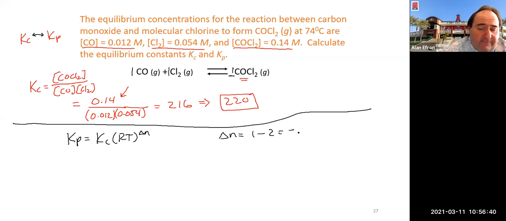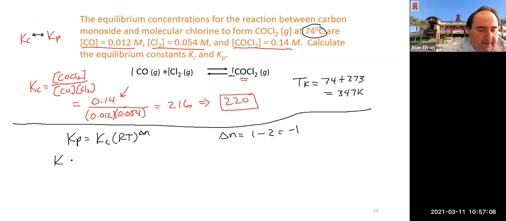Important here: that gives us not just 1, but -1. We also need temperature, which was 74 degrees. To convert to Kelvin, we go 74 plus 273, and that gets us 347 Kelvin.